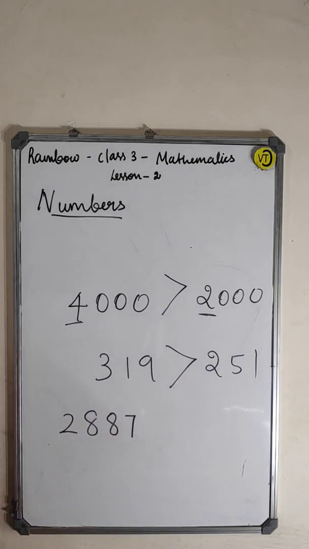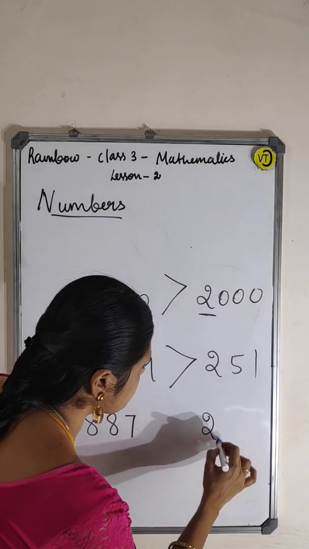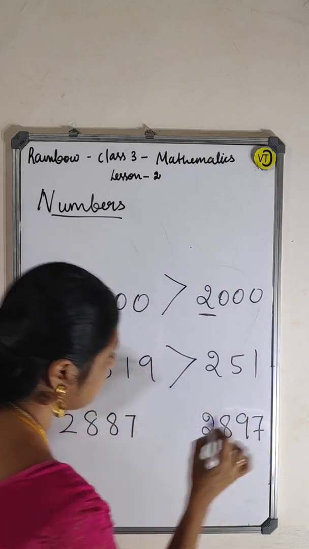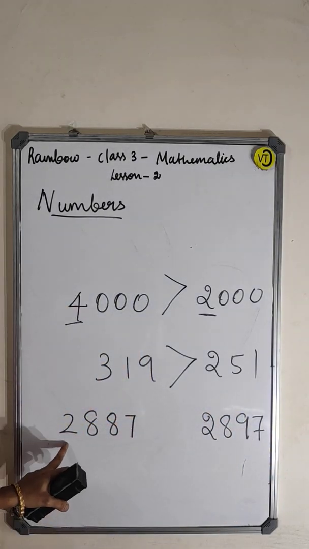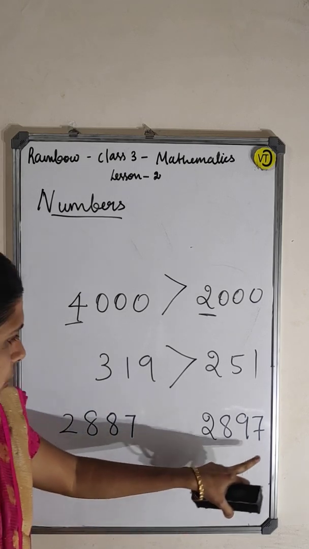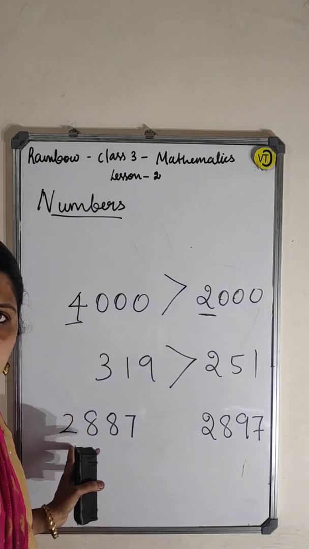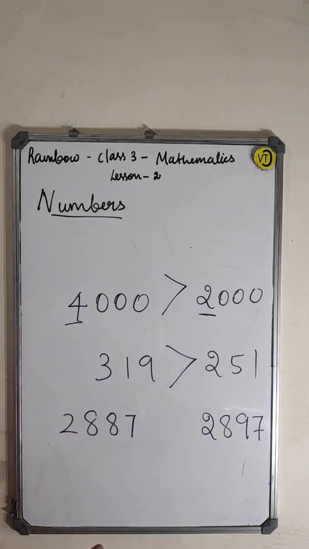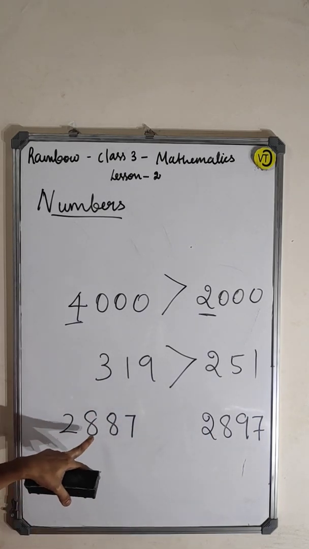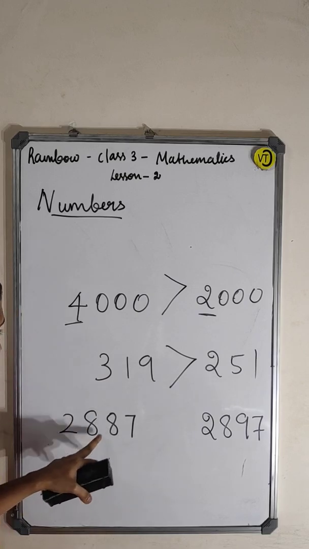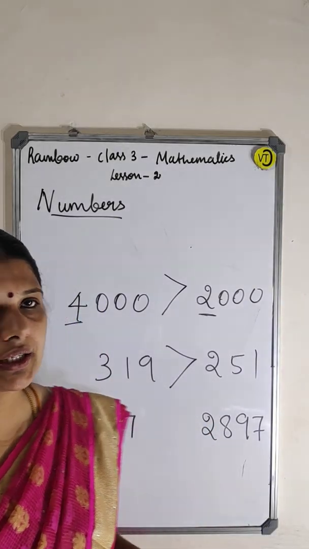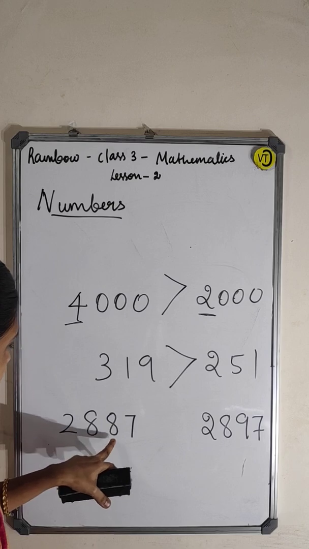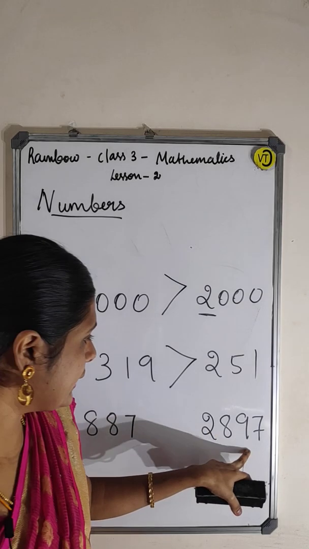Okay. Now one more. 2887. You are going to compare it with 2897. Now you check. This is a 4 digit number, this is also a 4 digit number. The leftmost digit here is 2, here also 2. I cannot compare because both are the same. Again, you check the hundreds place: 8, again 8. This is also the same. Again, you come to the tens place: 8, and this is 9.